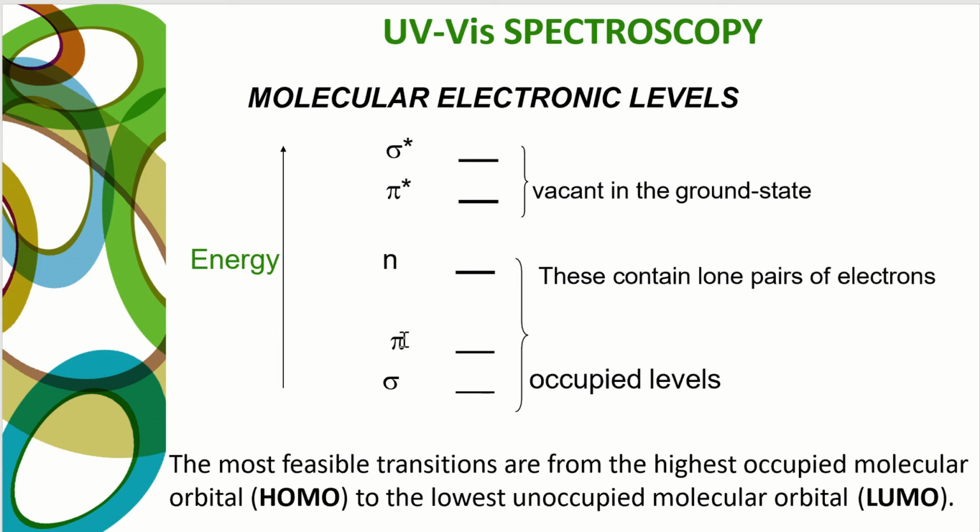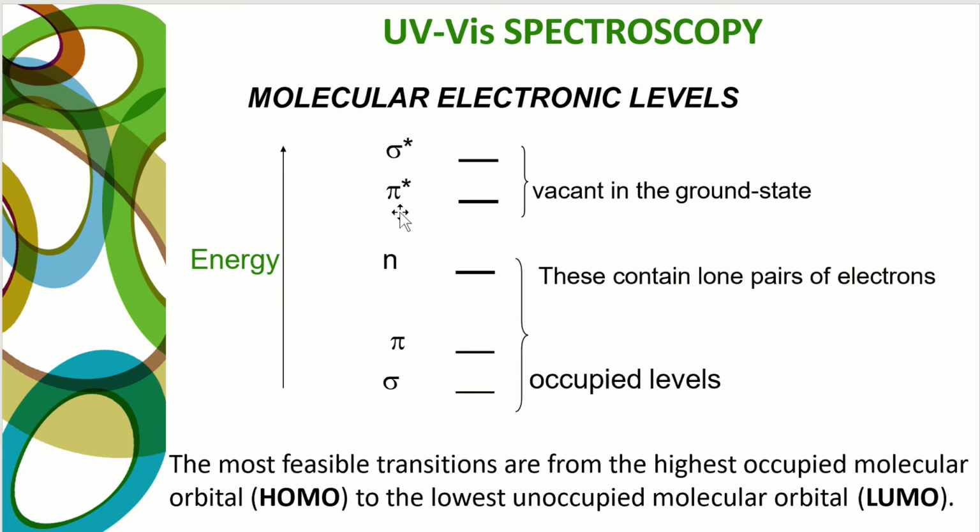And then you have pi bonds, and you have non-bonding electrons, and these contain lone pairs of electrons. So when you have oxygen, nitrogen, for example, they have non-bonding electrons and they're higher than the sigma and the pi in terms of energy.